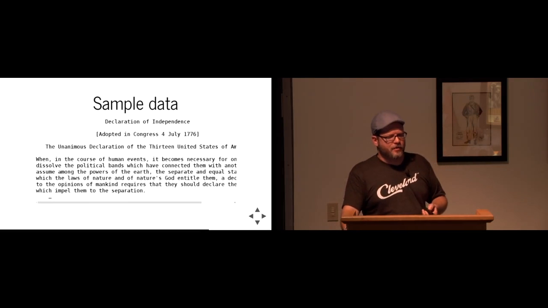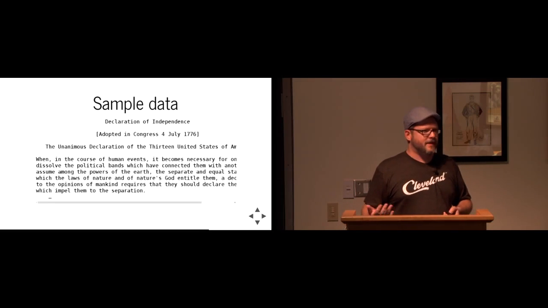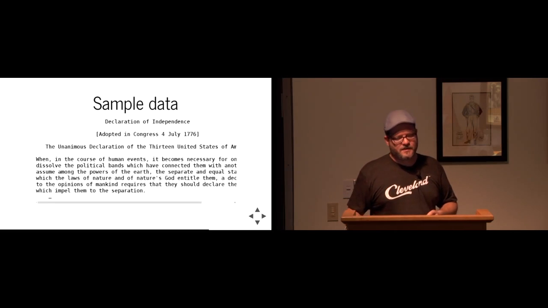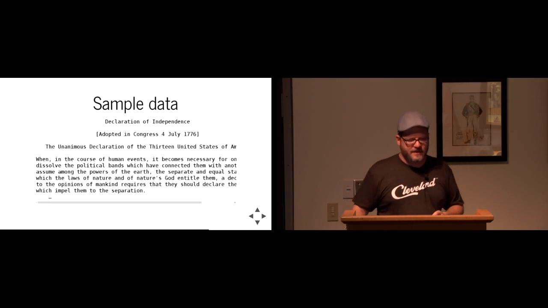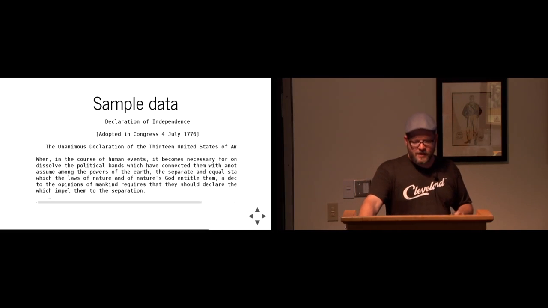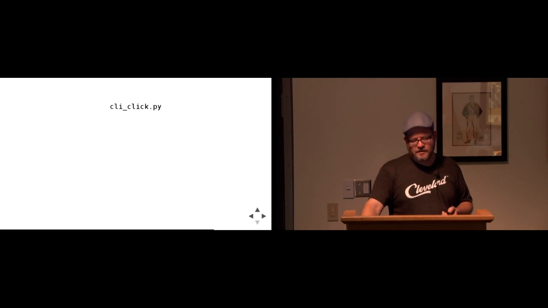The example program is still pretty simple. It's not terribly useful. It's going to count the occurrences of each character in some sample text, and I just used the Declaration of Independence since it was freely available to use as sample data. So we're going to create a new command line module.